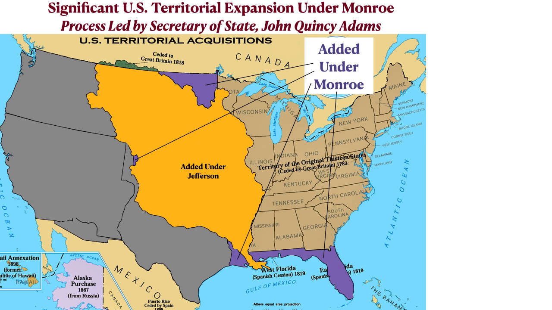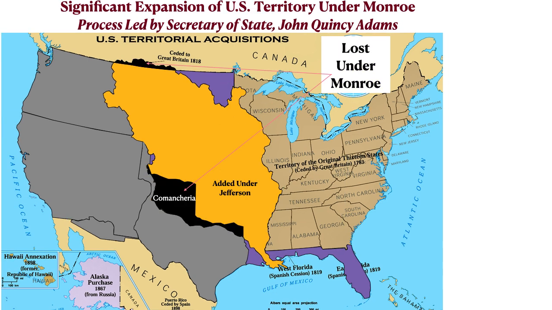This was a very good deal for the United States because that purple territory up there includes the Red River of the North that goes between North Dakota and Minnesota, which is very fertile farmland, whereas the area ceded to Great Britain is quite dry Great Plains area, useful for extensive wheat and grazing, but not nearly as agriculturally rich or as populated. So it's important to note here, you could say there was land lost under Monroe.